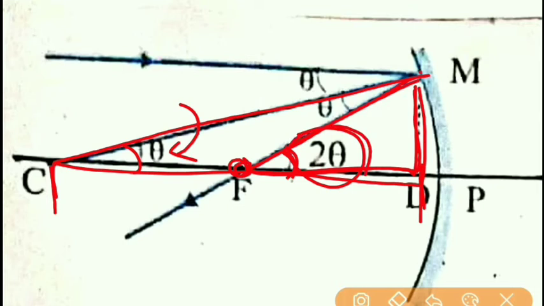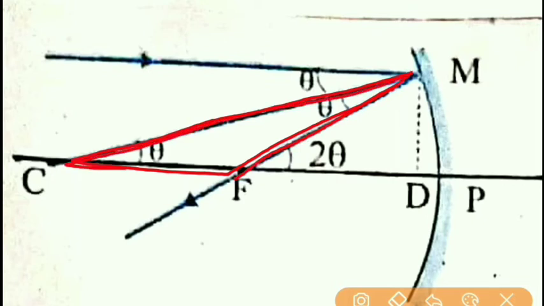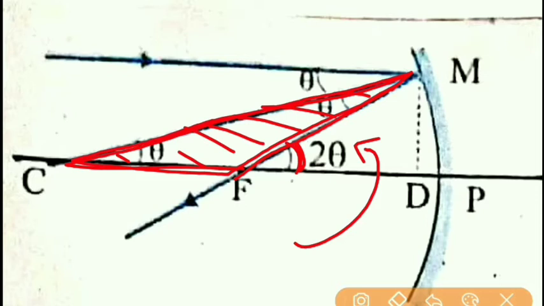In other way, we can also explain that for this triangle, remember students, which triangle? Triangle MCF, that is this triangle, this angle is an exterior angle, and according to the definition of exterior angle, the exterior angle is always equal to the sum of the interior opposite angles, and so theta plus theta will be 2 theta.